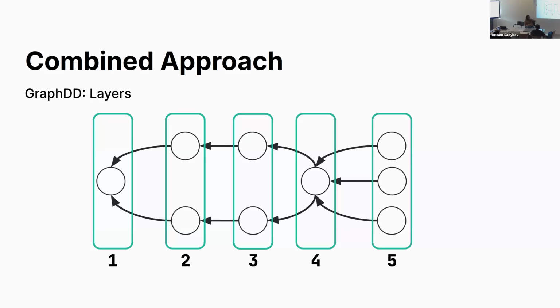Because if we try to delete the first sources, the items without any other dependent items, we will iterate over the layers extremely slowly, because we will just delete one item by one, and it's extremely inefficient.